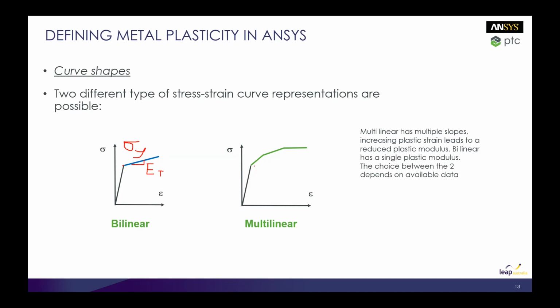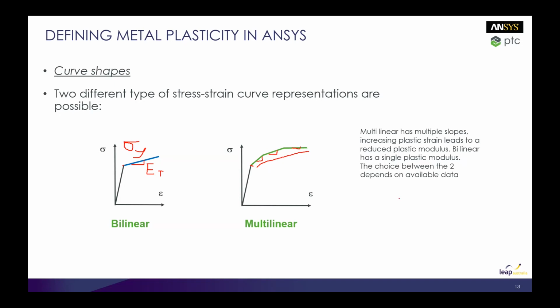The second approach we can use is what's called multilinear plasticity. Here, if your behaviour is non-linear in the plastic region, where it's not just one single slope, you represent it with a series of linear slopes. For a strain hardening material, these slopes will basically decrease until they become zero.